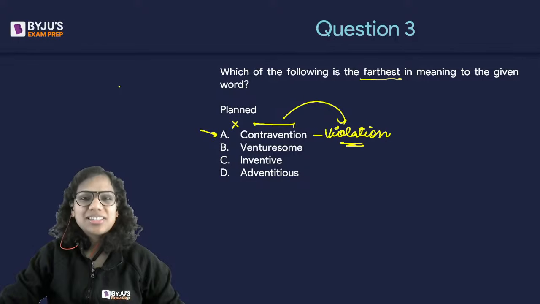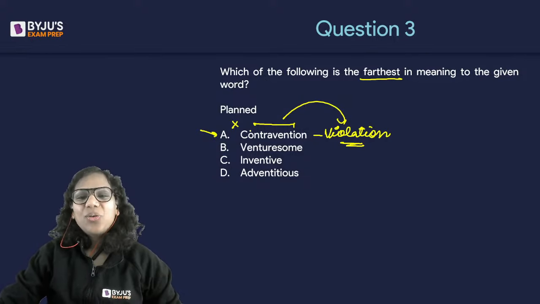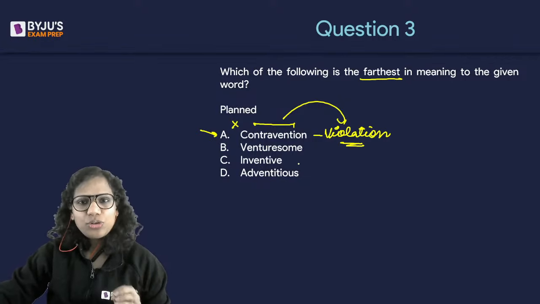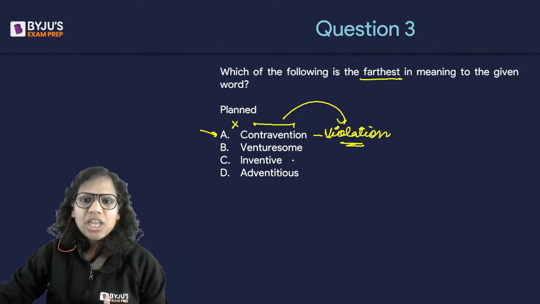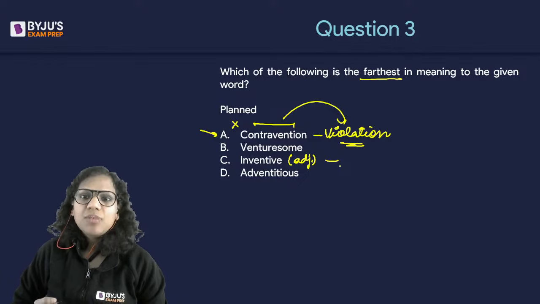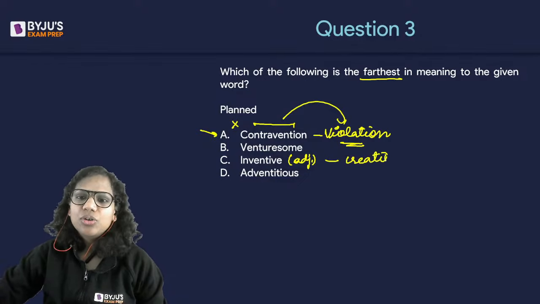That's why this class is useful, to build that pool so that we comprehend our passages and paragraphs better and ace these questions. Now, coming to inventive. Invention is something that all of you must have heard, right? The word inventive comes from invention. Somebody who's inventive is very original, comes up with original ideas, is very creative. So inventive is creative, original.